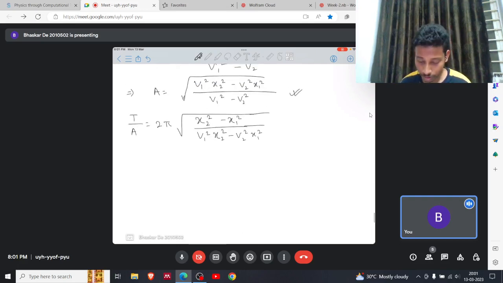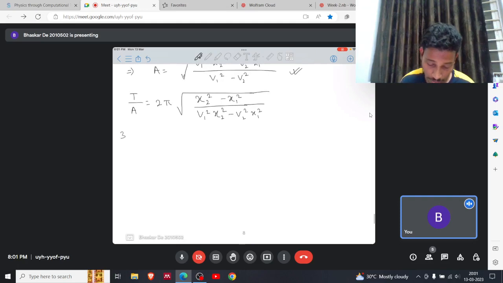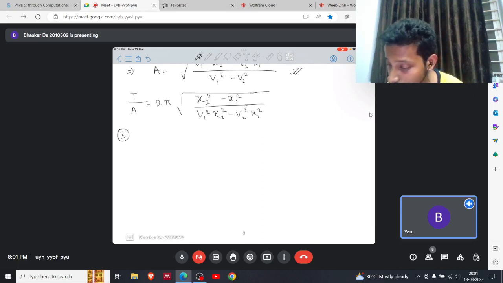So this is not a numerical, this is basically algebra, pure algebra. So this is the ratio of T by A, 2 pi root over x2 square minus x1 square by v1 square x2 square minus v2 square x1 square. Now there is another problem. This is a similar problem that I have mentioned at the start of this particular session.